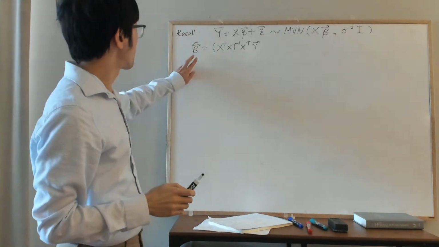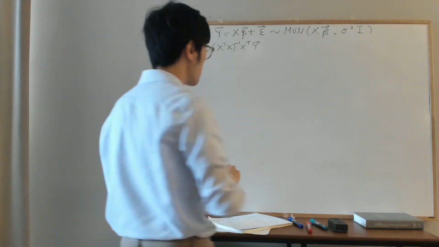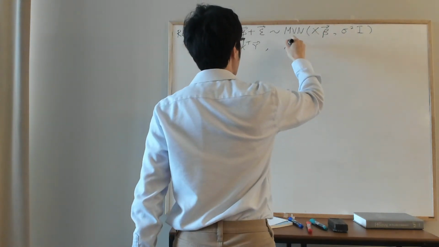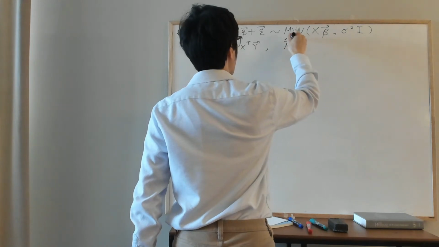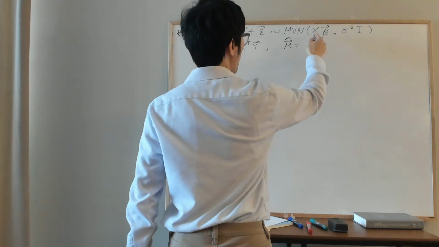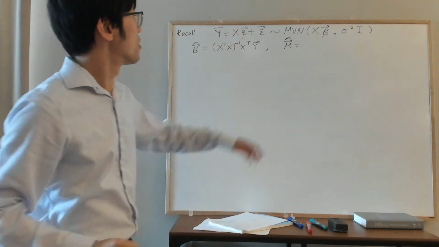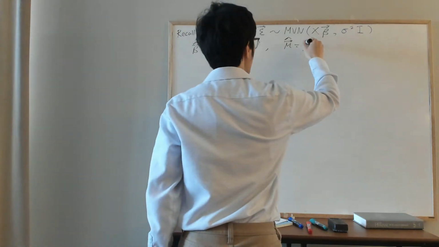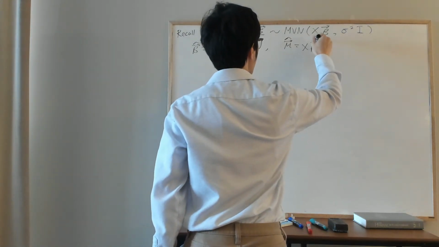That's our parameter estimates, and then we have our fitted value, mu hat. X beta is the mean, and our estimate of that is X times beta hat.